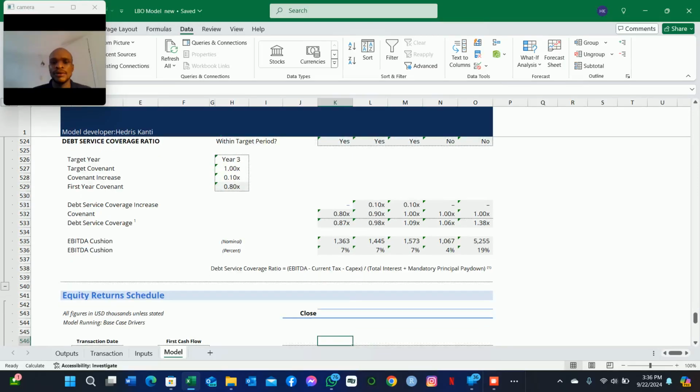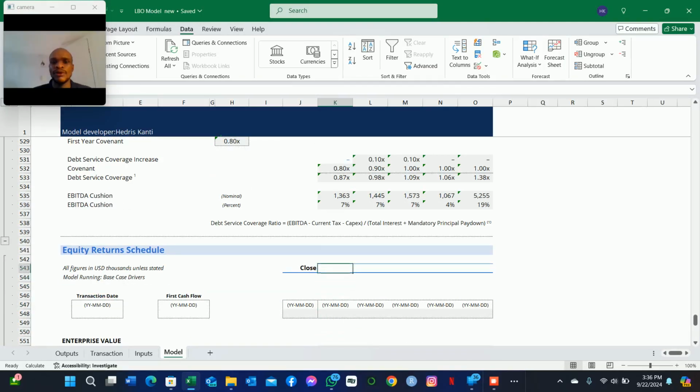Having that set up, the next thing we want to do here is to now account for our returns, whatever the equity investors will be getting back as a result of embarking on such a strategy.